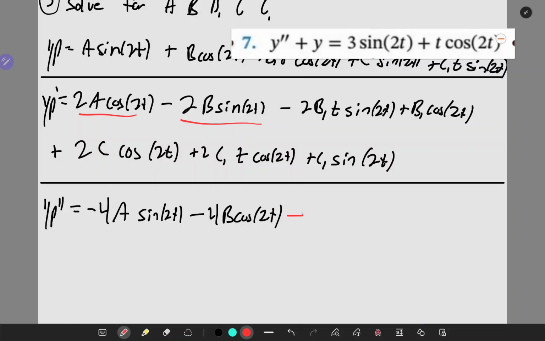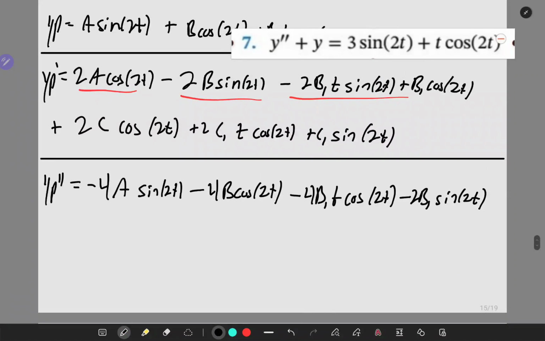And then minus, oops, we have minus 4b1 of t cosine of 2t minus 2b1 sine of 2t. Yes. So now this term's done. Okay, next one. Minus 2b1 sine of 2t. So this one's done.